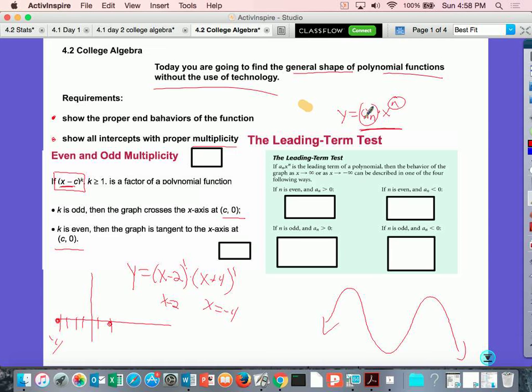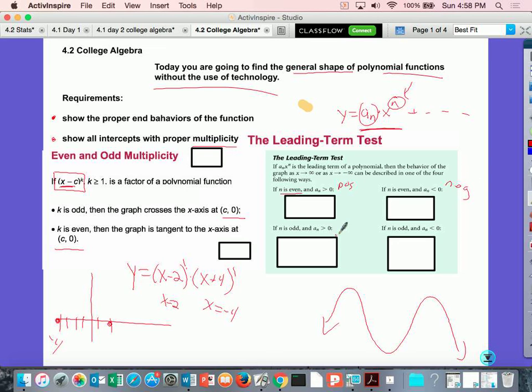So you might have a function that's even. It's even if this leading term, the degree, is an even number. Or it might be odd. And then we're going to look at what happens if the leading coefficient is positive, and what happens if the leading coefficient is negative.